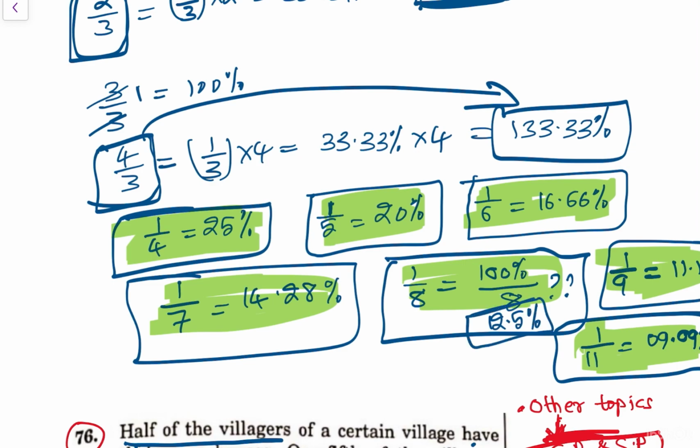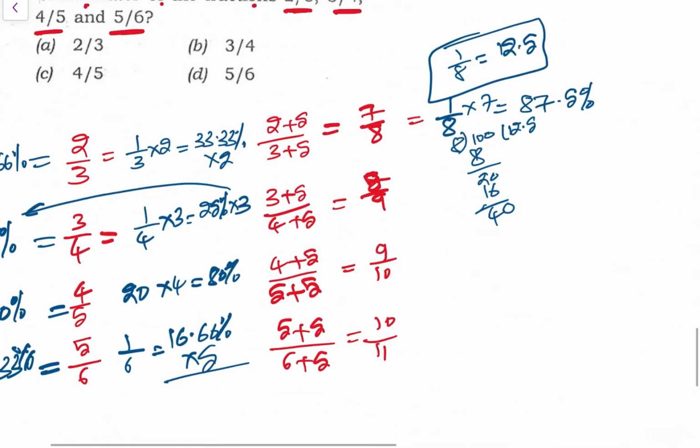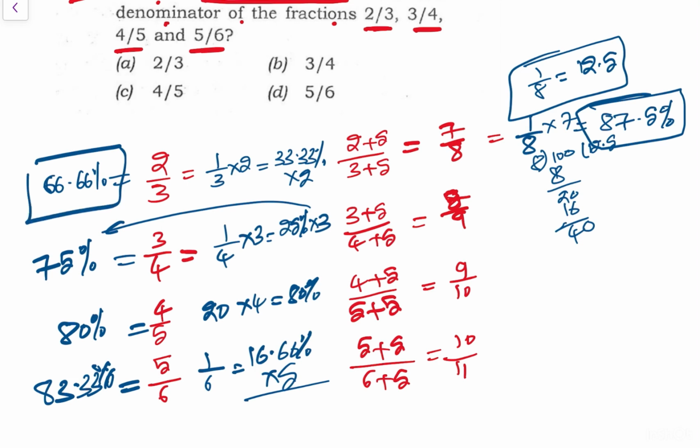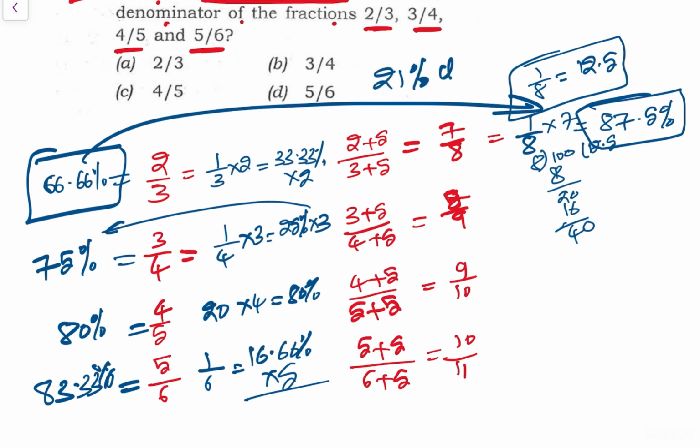So here 1/8 into 7 comes out to be 87%. So here the change is somewhere around 21%, right? So it becomes easy by doing it like this.